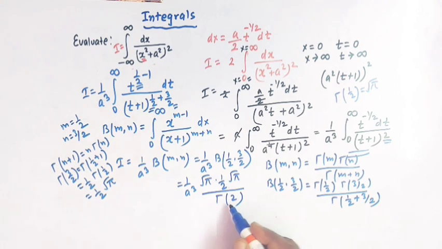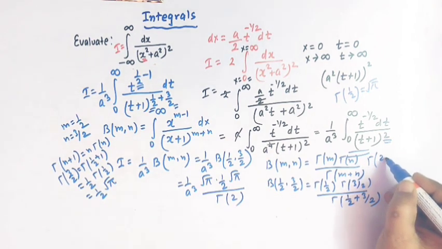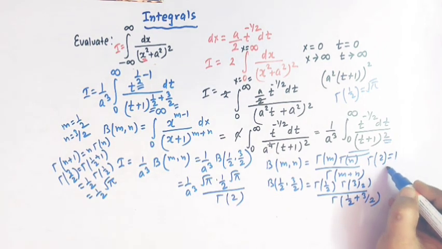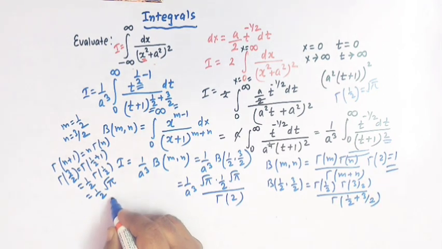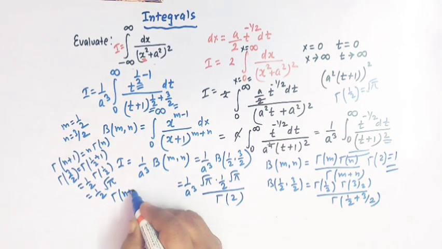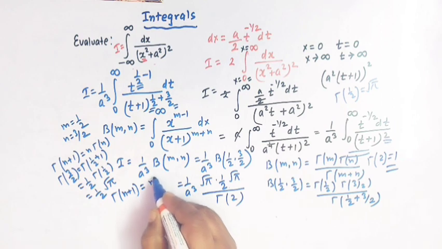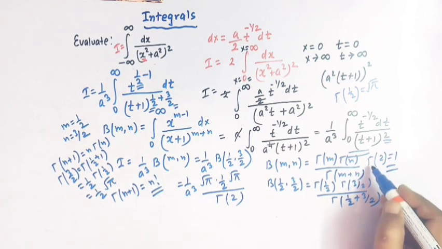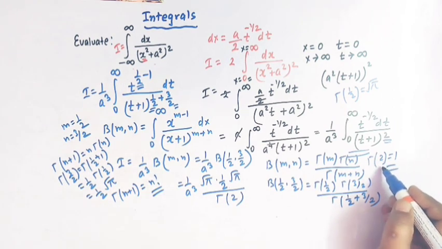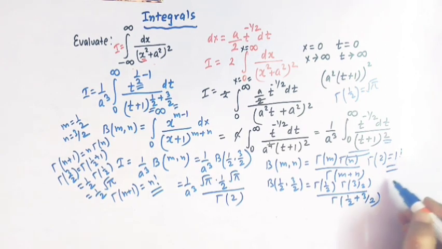The value of gamma of 2 is 1, because gamma of n plus 1 is equal to n factorial, so gamma of 2 is 1 factorial, which is equal to 1.